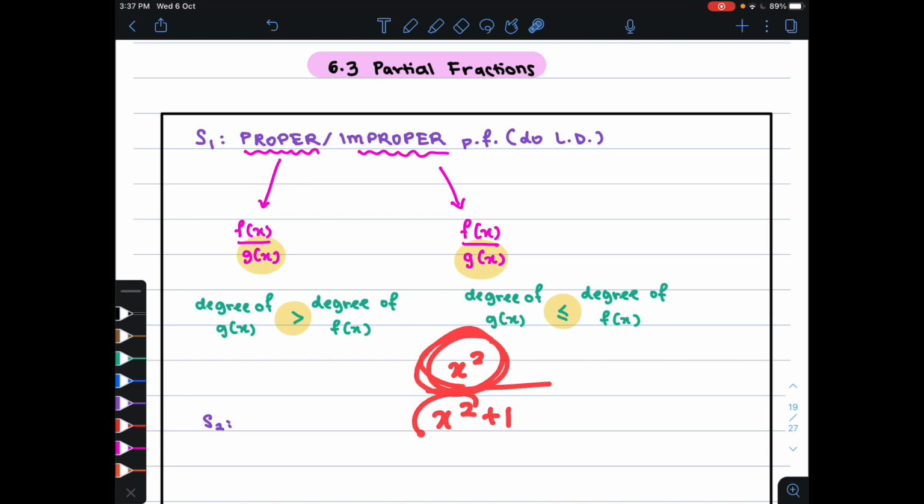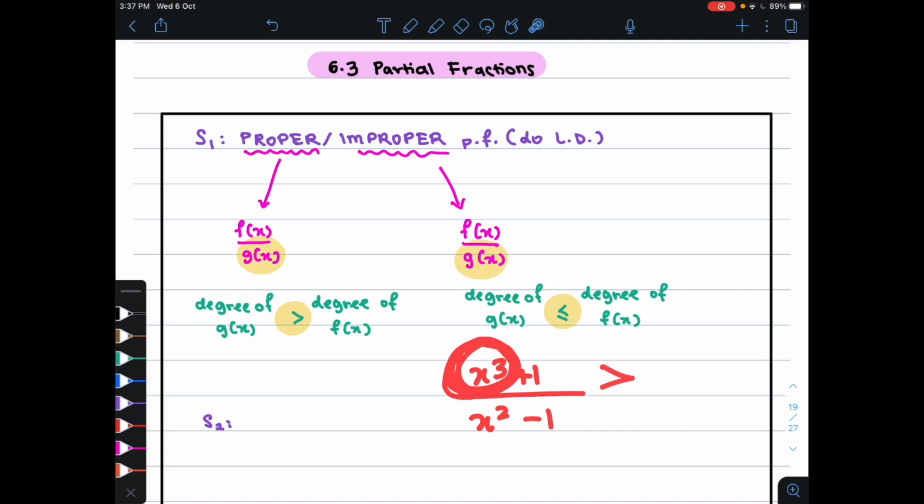The highest power for f(x) and g(x) is the same, which is 2. Therefore, this is an improper partial fraction. The same goes if you have x cubed plus 1 divided by x squared minus 1. Here the highest power in f(x) is bigger than the highest power in g(x). Therefore, this is also an improper partial fraction.